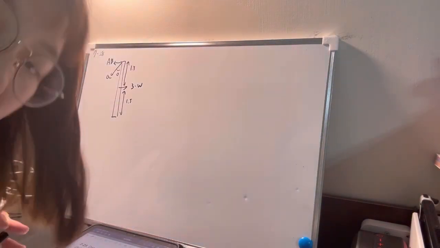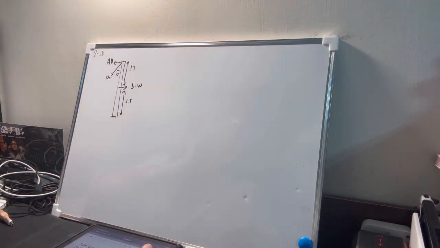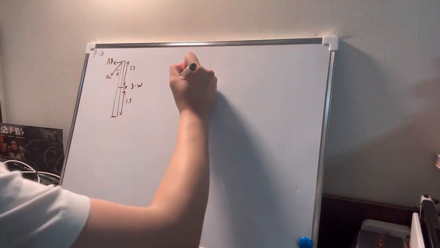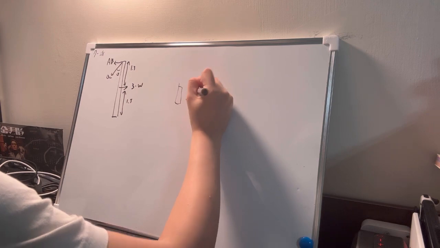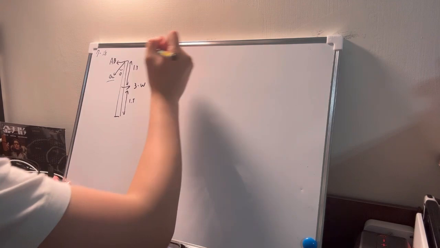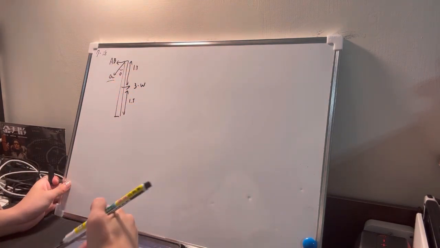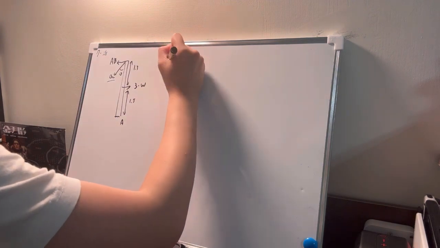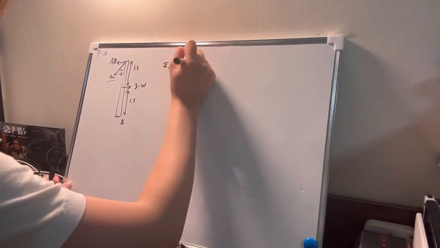And this question, we divide this into 2 different parts, this part and this part here. So basically, we start from this part first because we need to calculate the BC here. If we want to know the BC here, it's 0.8, and we have to use summation MA equal to 0.